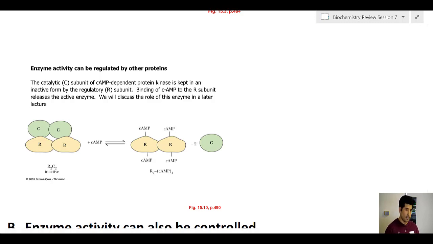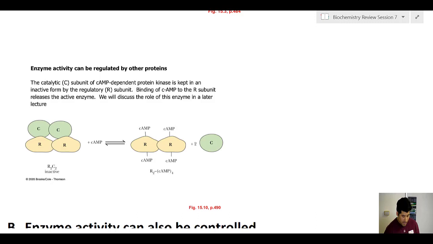It can mean that it's being regulated by substrate. But what this really says is that you can control the activity of one enzyme by another enzyme. Does that make sense? Are there any questions about that?